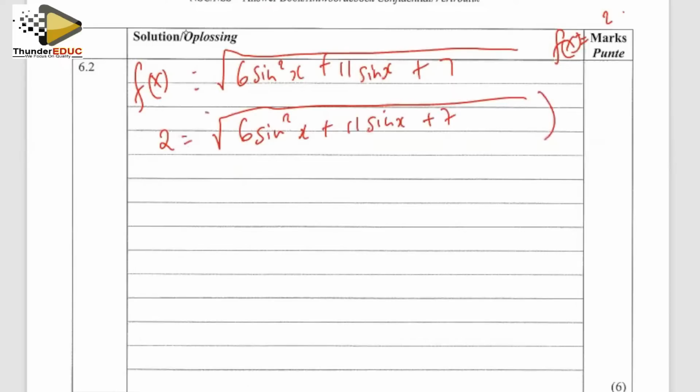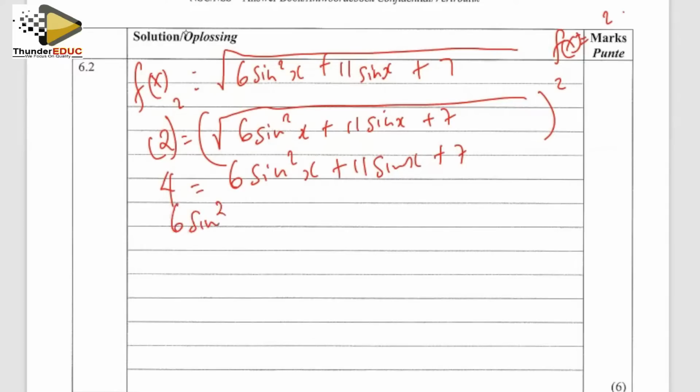Let's square both sides to get rid of the square root now. So I have a 4 is equal to 6 sine squared x plus 11 sine x plus 7. Move the 4 that side, okay, which means I'm going to be left with a 3. So 6 sine squared x plus 11 sine x plus 3 is equal to 0.